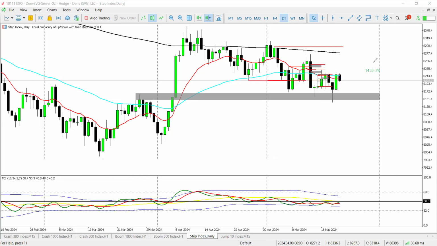And that buy will be targeting the 200 EMA or this top zone here or this liquidity here. So anyway, up here, that will be the target if we can get something like this. But if price decides to push down and we break this level, then we're looking for a long-term sell. So we'll just keep stalking Step Index as well.